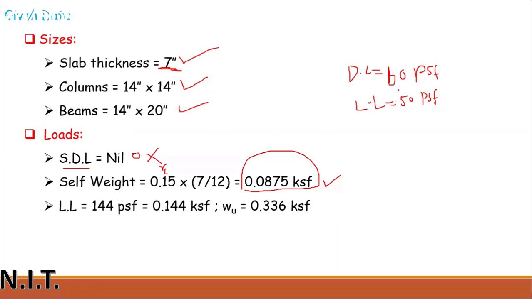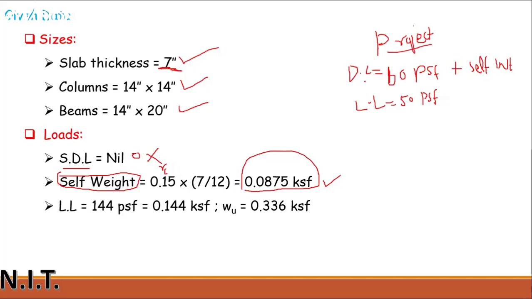When you are calculating for your project, you have to add the self weight of the slab. This self weight should be added with the dead load.